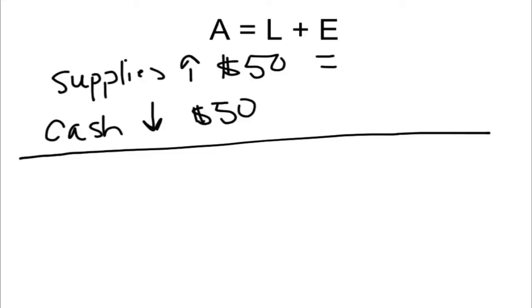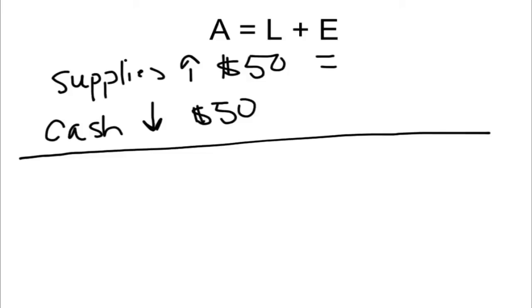So I owe someone. When I owe someone, sounds like a liability. This is something we would call an accounts payable. If it was the opposite, if I had provided a good or service and had not yet been paid, that would be an accounts receivable. Someone owes me money. That's an asset.